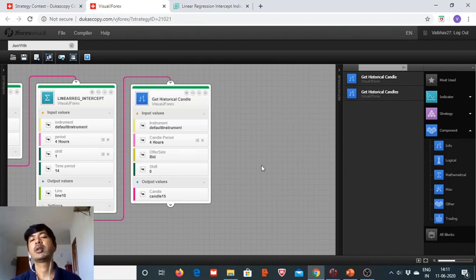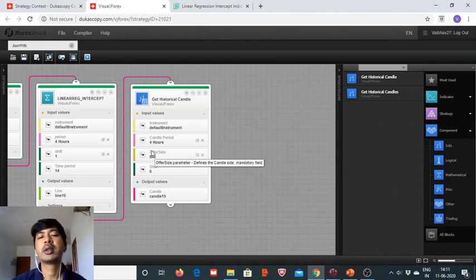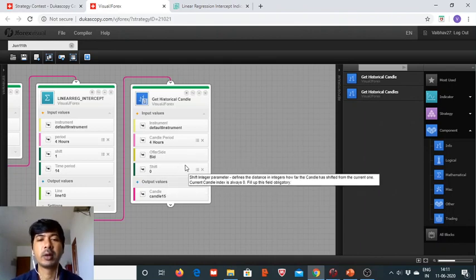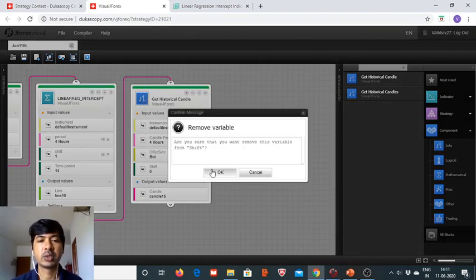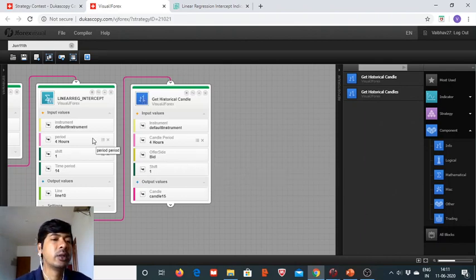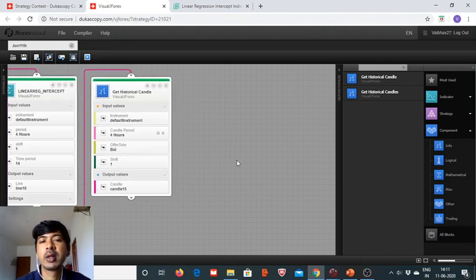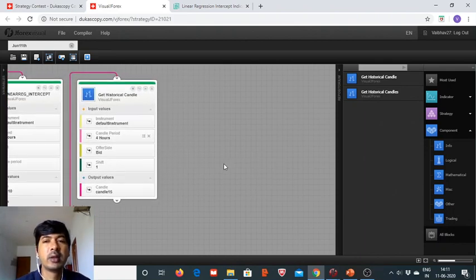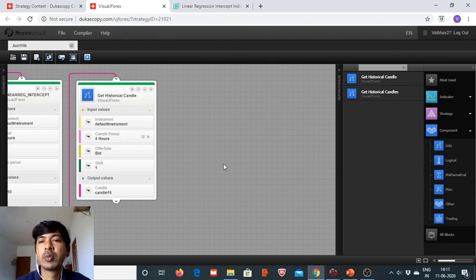So we got this. We will compare this candle closing. It needs to be changed to shift 1. So here it is. Then we will compare this candle's closing shift 1 with the linear regression intercept of 4 hours, and as I said, the direction of the trade, buy or sell, will be dependent on this condition.